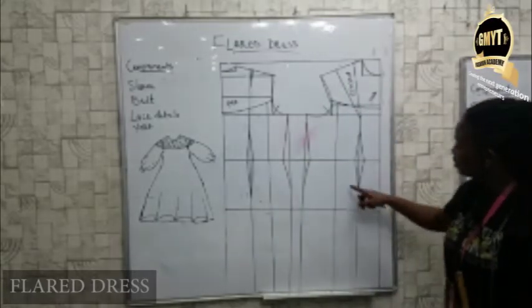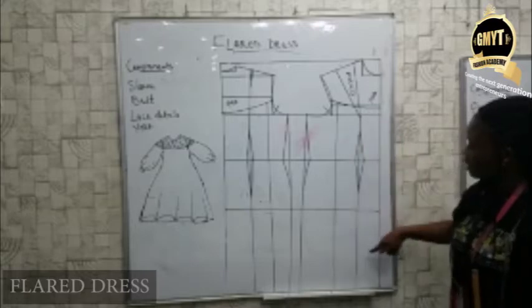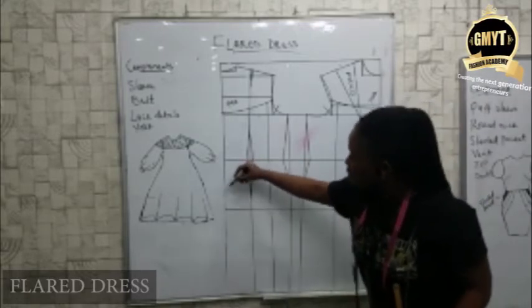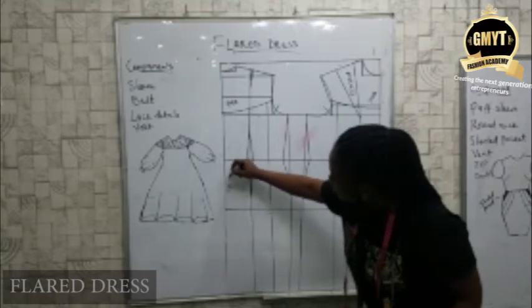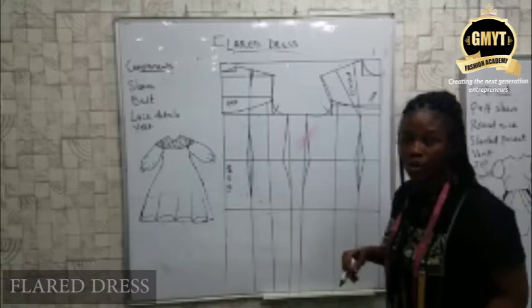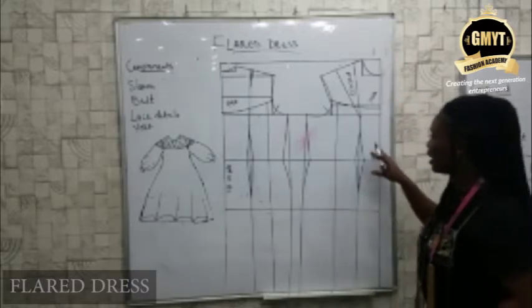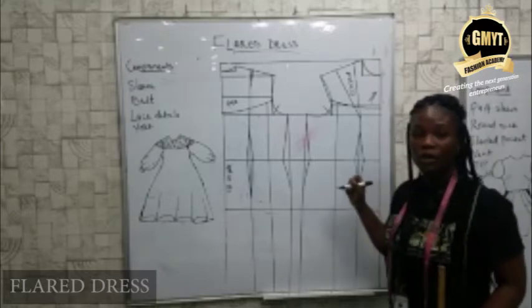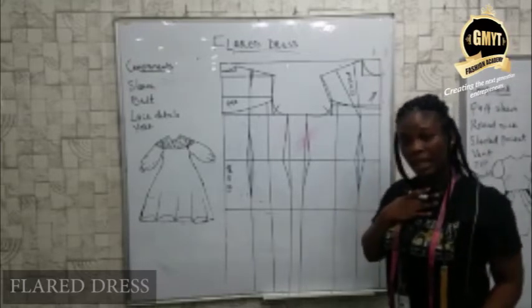So I have slash line, slash line, slash line, and slash line. My center back is on fold. So now after I have my slash line, then I'm going to mark my neck out.